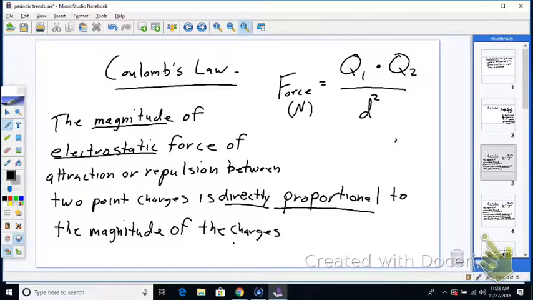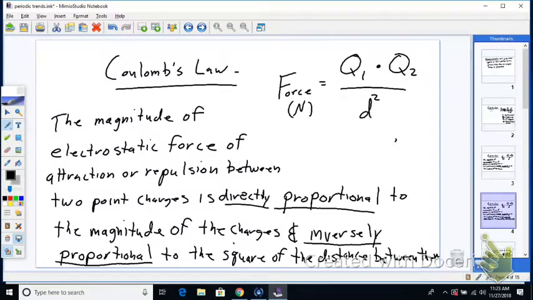Now the second part of this has to do with the distance. We focus upon one part, say it's directly proportional to the magnitude of the charges, and then the second part says we're also going to look at the distance. So it's directly proportional to the magnitude of the charges, and inversely, meaning they go in opposite directions, to the square of the distance between them.